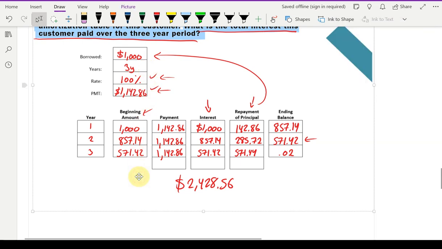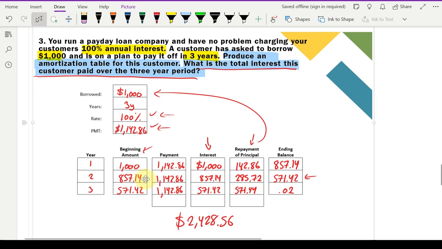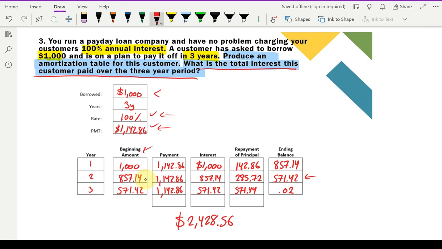All right. Now, one thing I want to point out is I could ask you all sorts of things about this. That's what's really interesting about this problem. I could ask you, for example, of the total payment, what percentage in the first year went to interest and what percentage went to the repayment of principal.